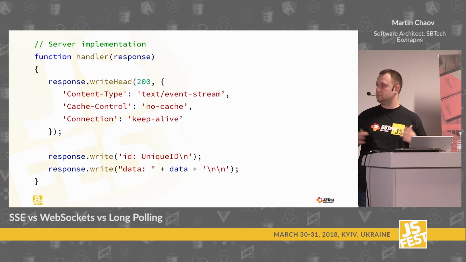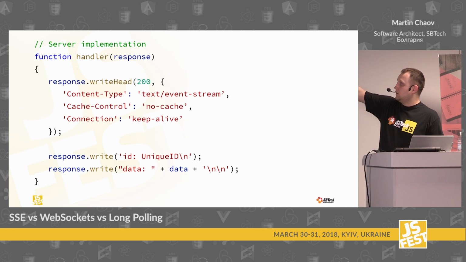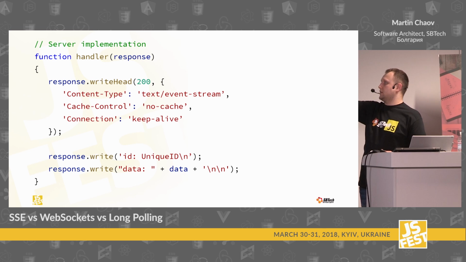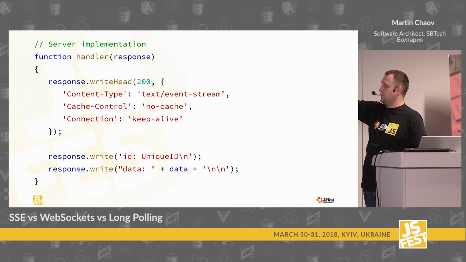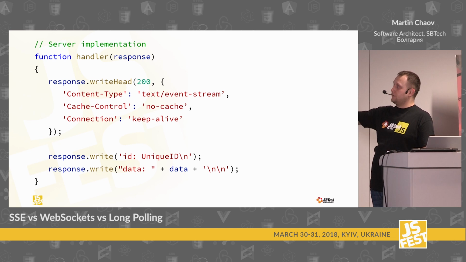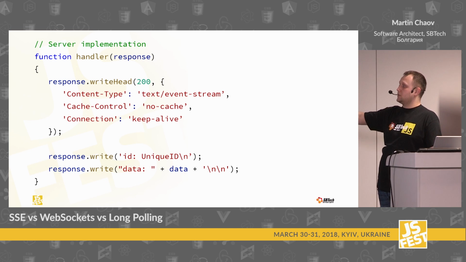But besides that, that's all. What I've written here is something that should not be handled in the same function, obviously, but for the sake of presentation, we need to set up headers, we need to write our message, and we need to send our message. So this function, if I call it with a response object, it will actually send the message.